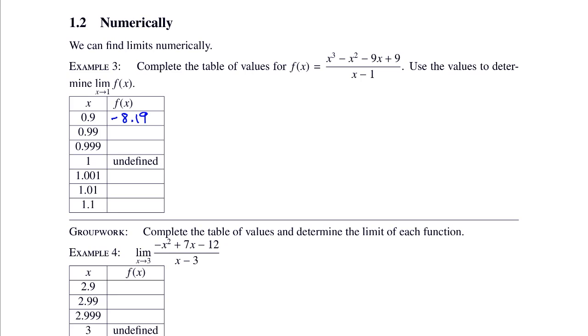All right, go ahead and fill in the rest of your table with these values, with 0.99, 0.999. We don't want to put in 1 for x because there was a term of x minus 1 in the denominator, which is going to give an error. That's why the table says undefined. The function value is undefined at that point. And then keep going.